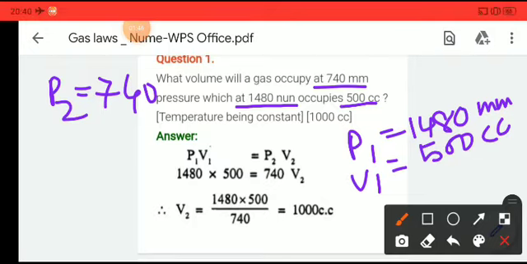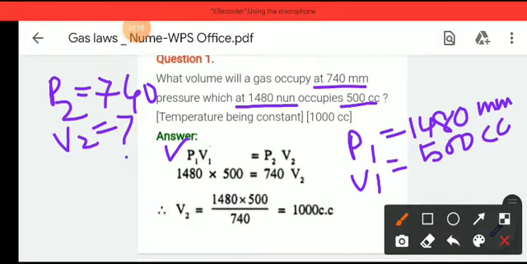So we only need to find the volume, that is V2. By judging this question we can use only one formula, that is Boyle's law, P1 V1 is equal to P2 V2. If we use this formula, we can easily find the value for V2.